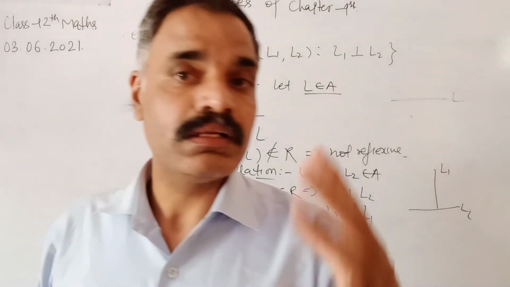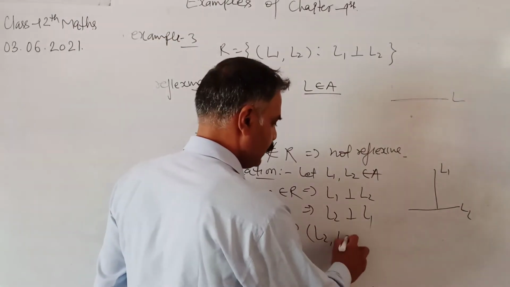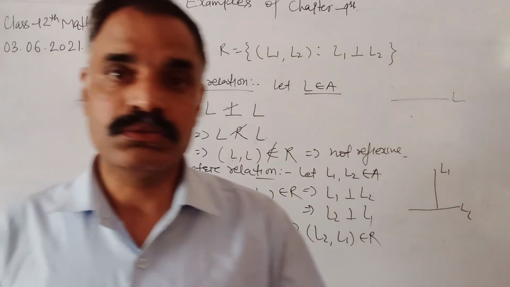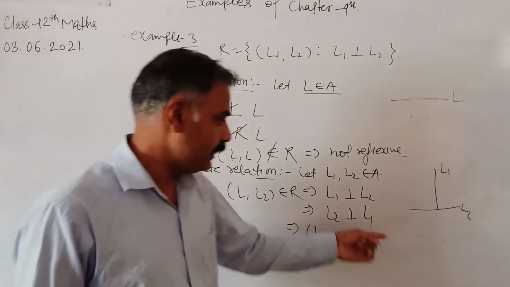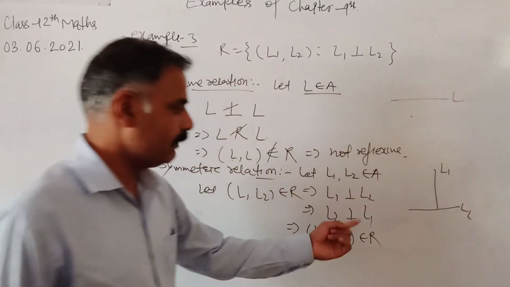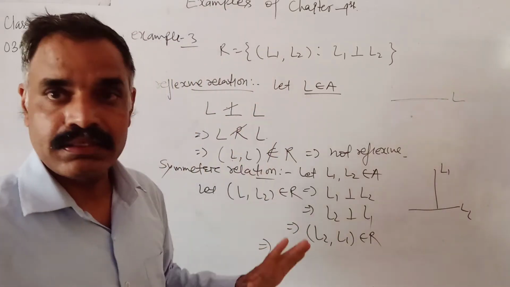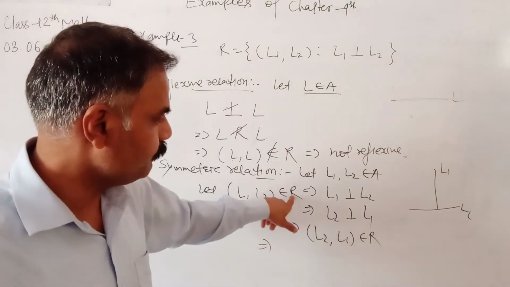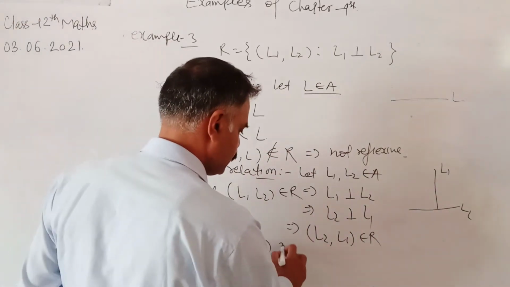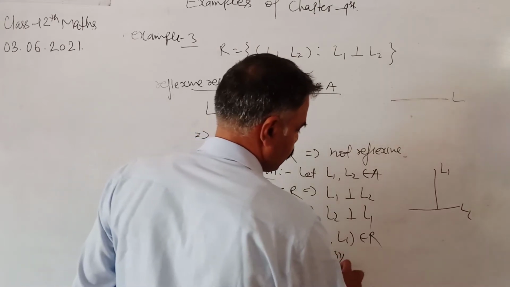It means (L2, L1) belongs to R. It means the relation is symmetric, as (L1, L2) belongs to R implies that (L2, L1) belongs to R.